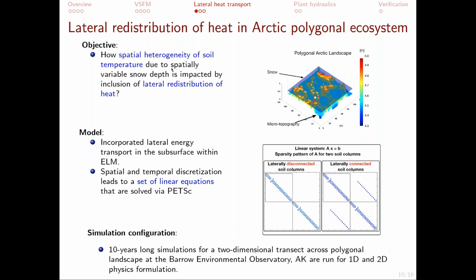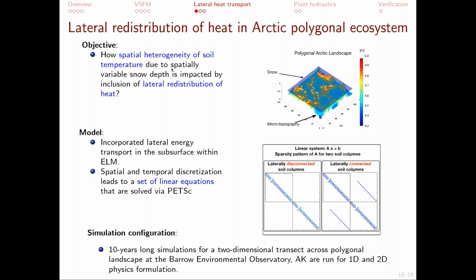So what this leads to is a heterogeneity of snow depth at the surface, which leads to a near-surface heterogeneity in soil temperature, which then propagates down into the soil column.